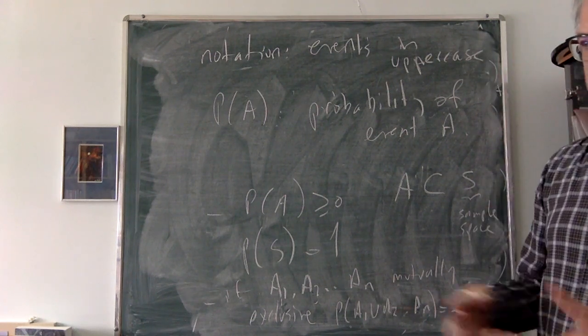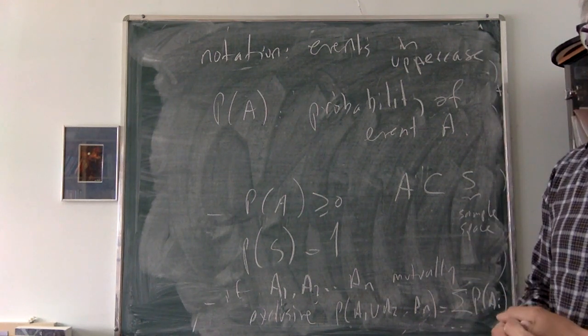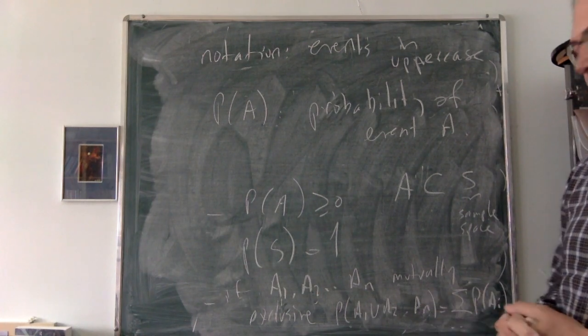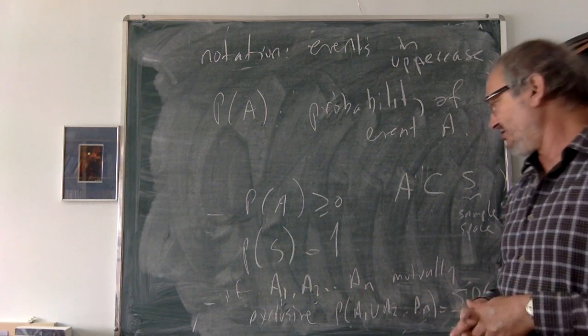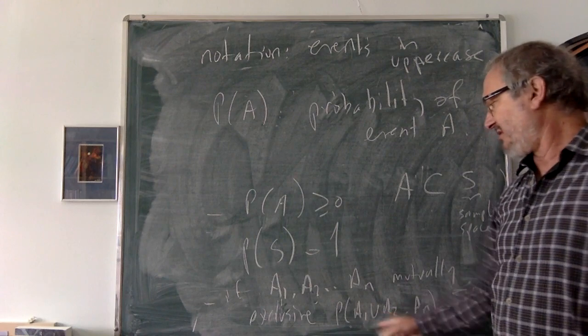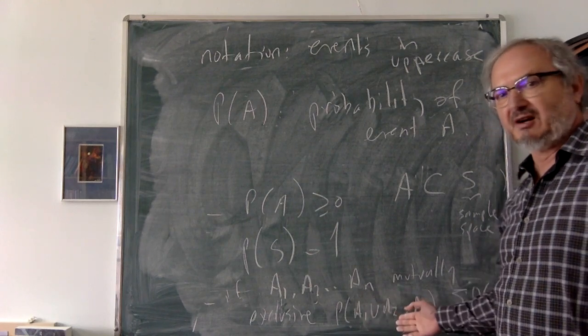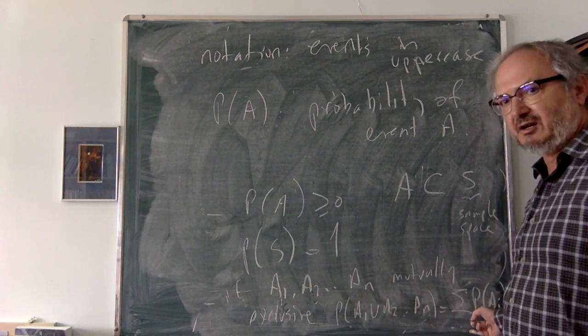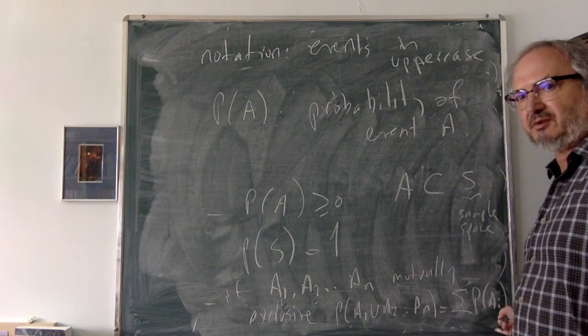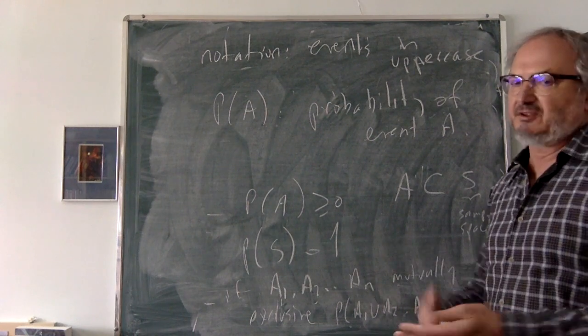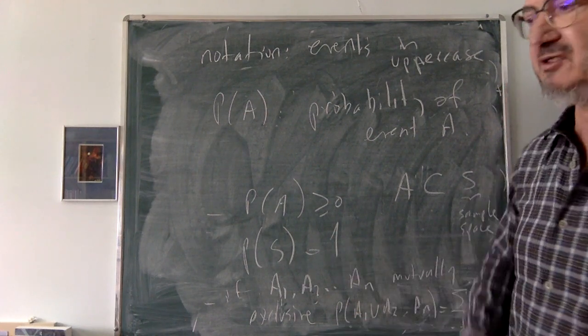So like probability of coming out even and probability of coming out odd are mutually exclusive. So the probability of coming out even or odd is the probability of coming out odd plus the probability of coming out even. And that's in this particular case going to give you the whole sample space.